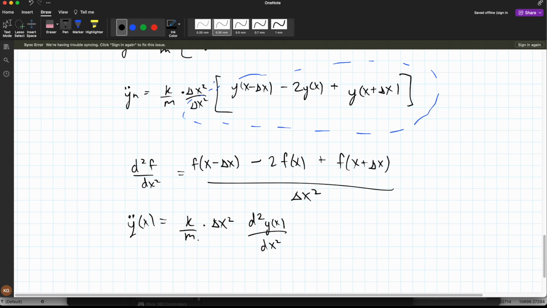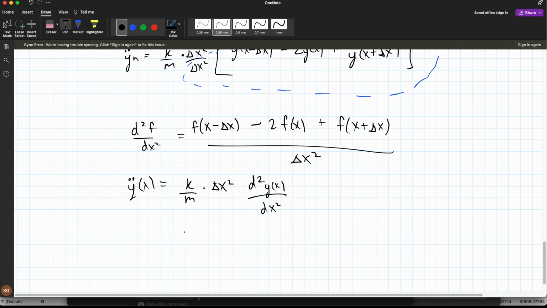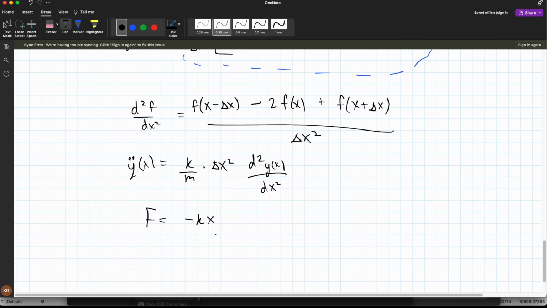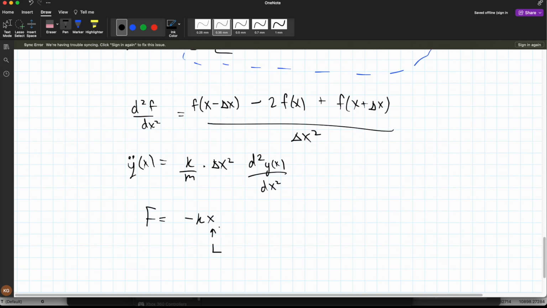So what are we going to do with that? Well, this actually kind of cancels out with these k and m's, because we can imagine our spring constant k. The units of that are really force per unit length, because remember we have force equals minus k times x. X has units of length, L. Force has units of, let's just call it newtons.